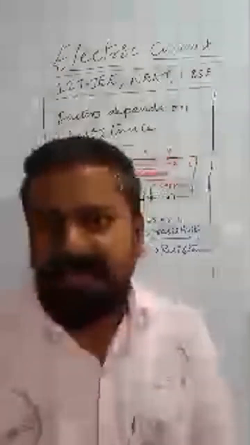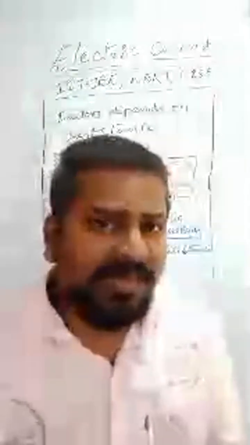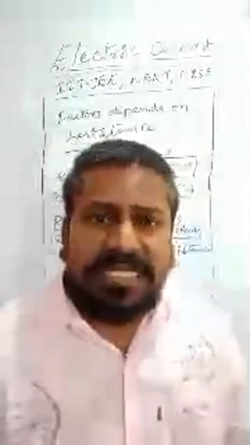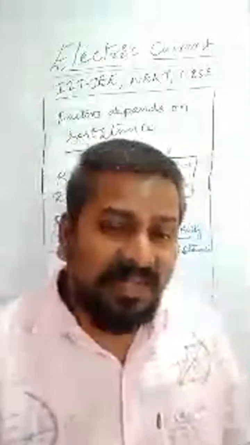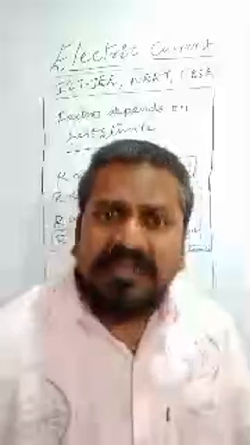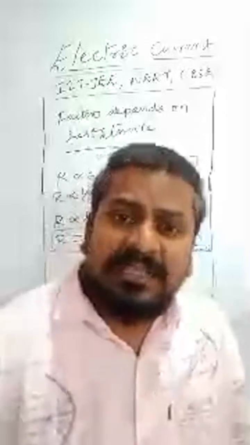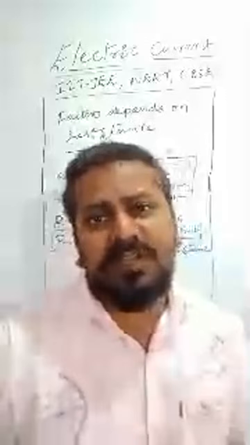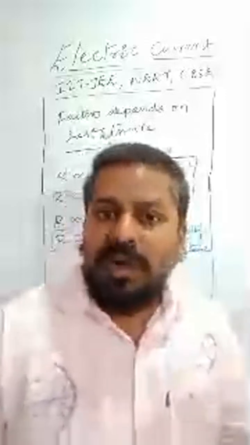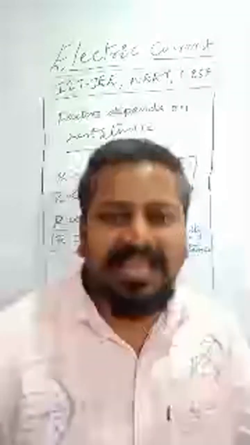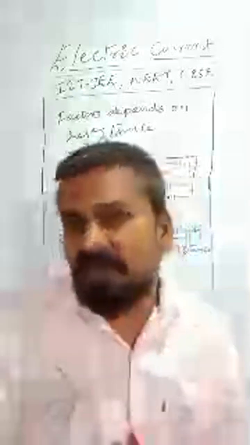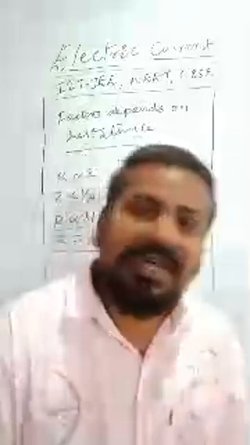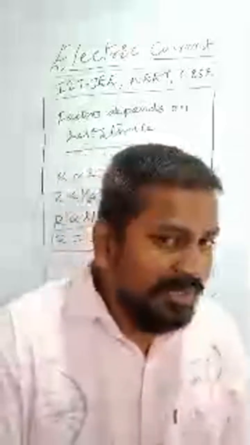R equals rho into L by A. By this we can conclude that resistance is directly proportional to the length of the conductor and inversely proportional to the area of cross section.